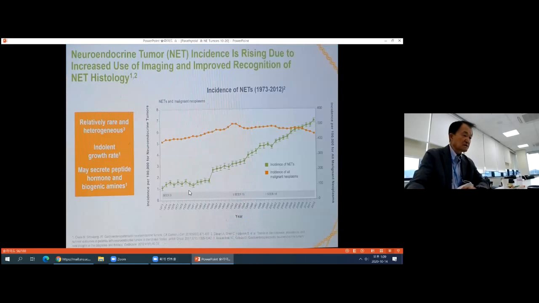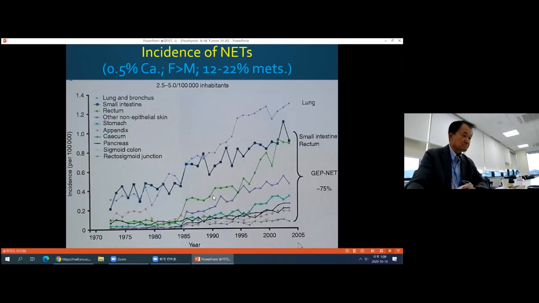Okay, it's increasing continuously. As you see here, most commonly we call carcinoid. That's increasing in the small bowel, but other types, lung and others, are also all increasing.